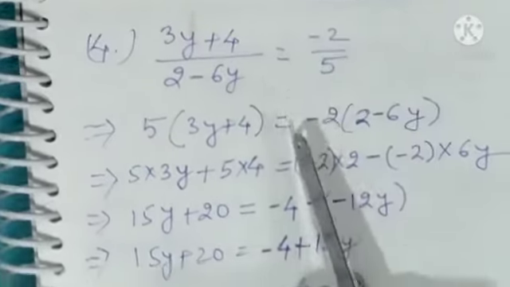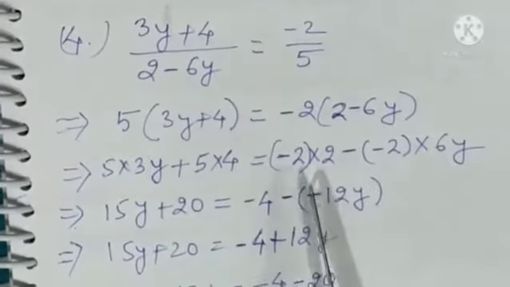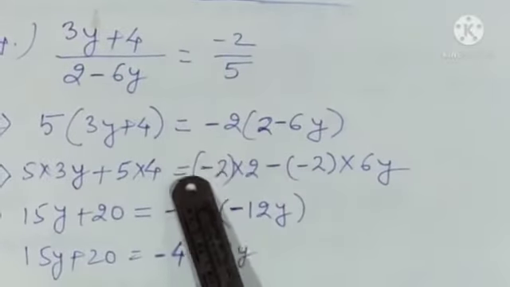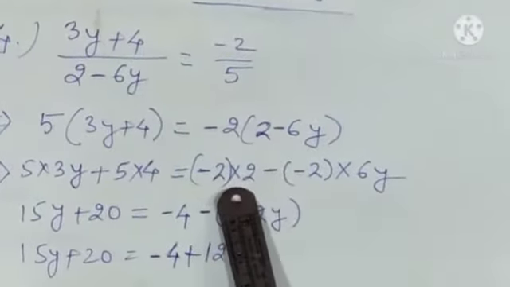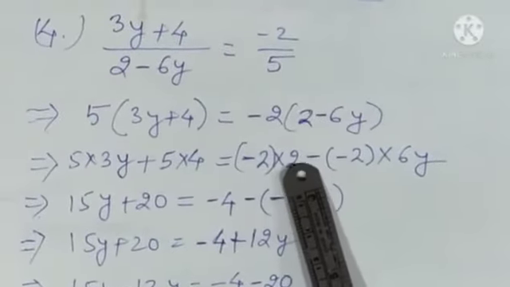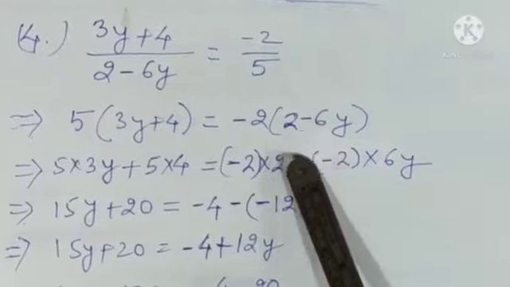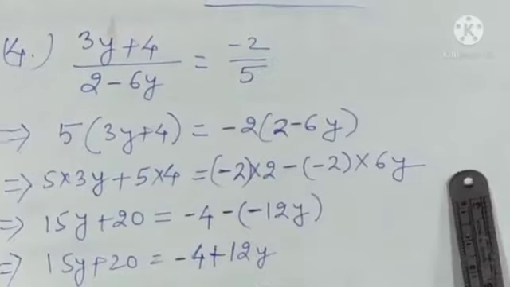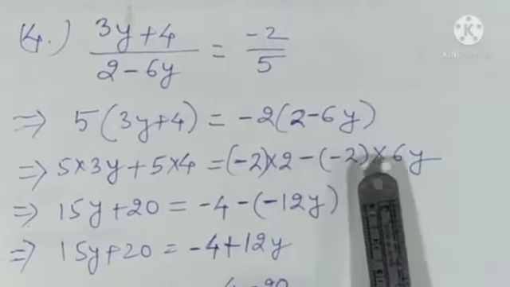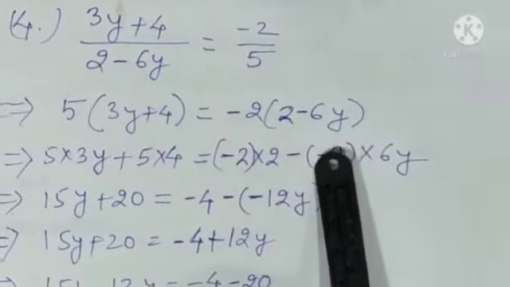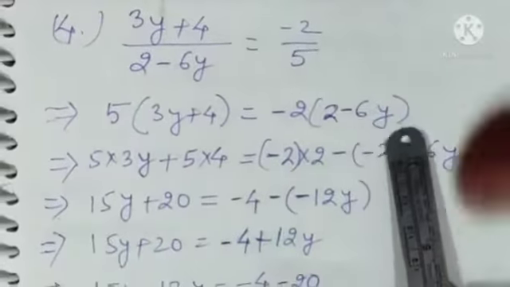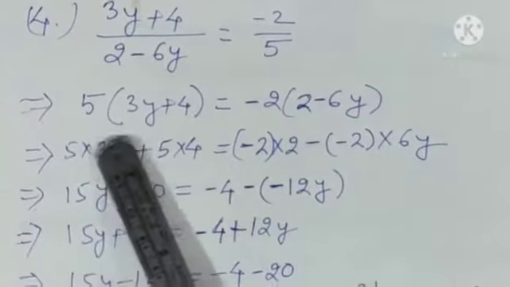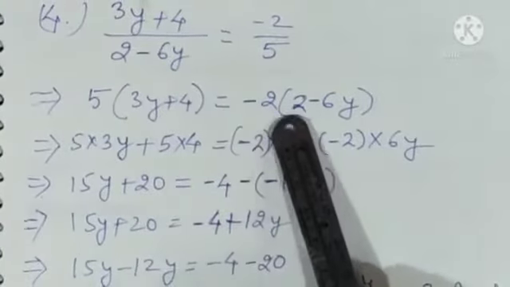So we put −2 in a bracket, because it is different from the other quantity. We take the bracket of −2 multiplied by 2, then copy the minus sign as it is, then again in a bracket write −2 and copy the 6y as it is. Don't be confused by that minus sign; simply take it as it is in the bracket, and we can multiply this number into the bracket.